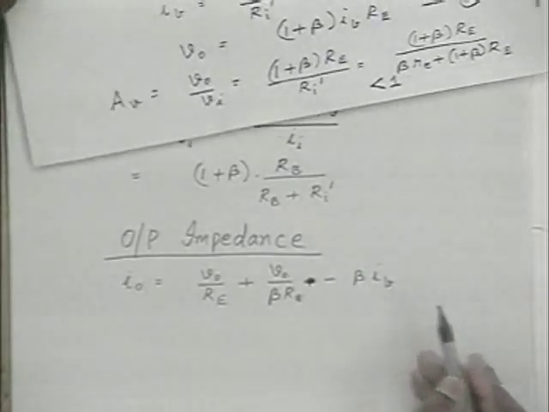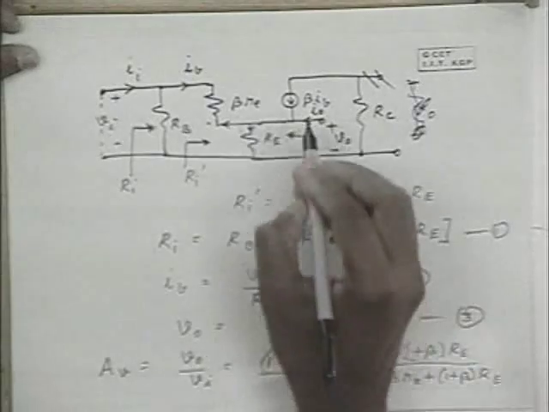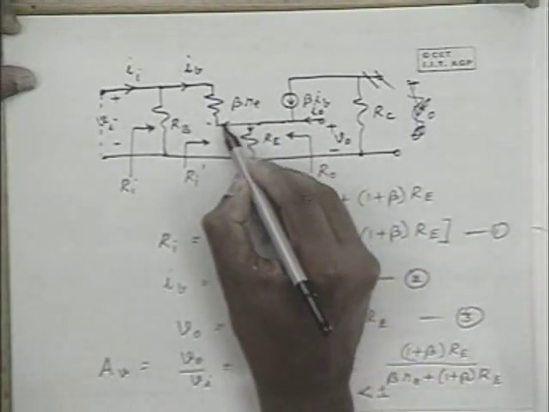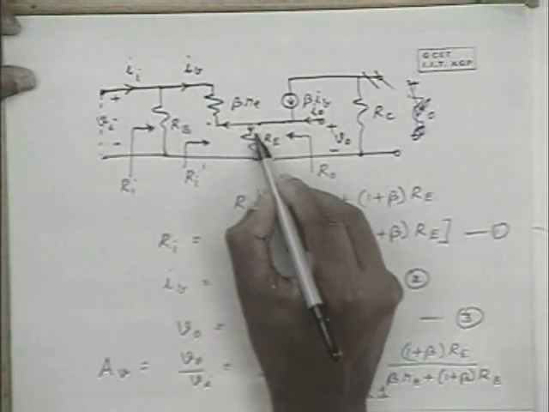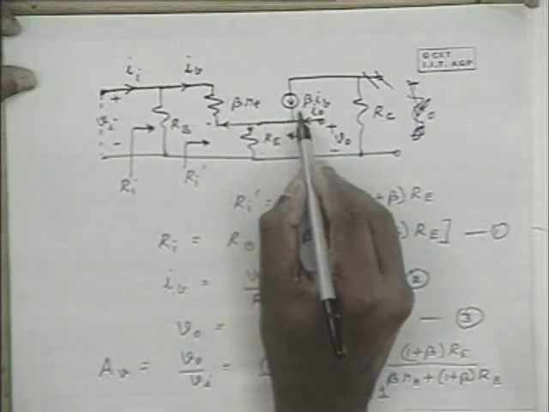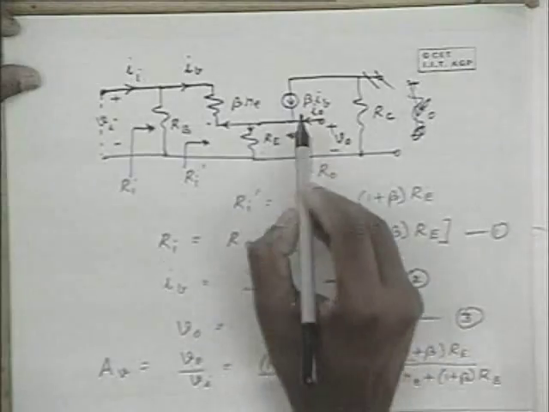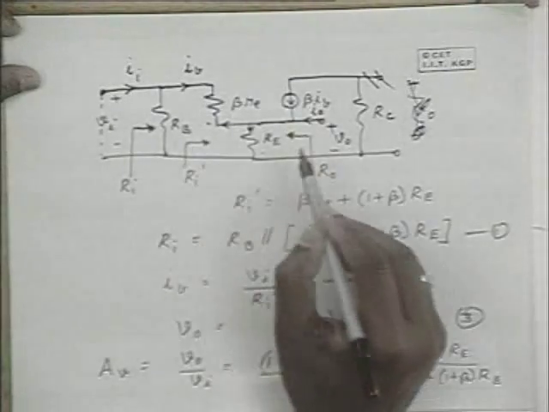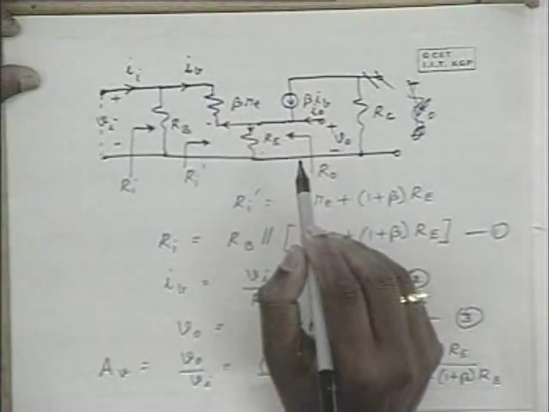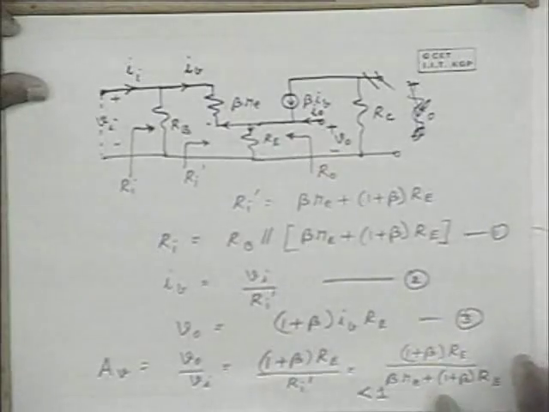This is the total current. Please note that this current I0 is this current going through beta RE and this current going through RE and minus beta IB. Now, once we obtain an expression for this, V0 divided by the current I0 can give us the output impedance.